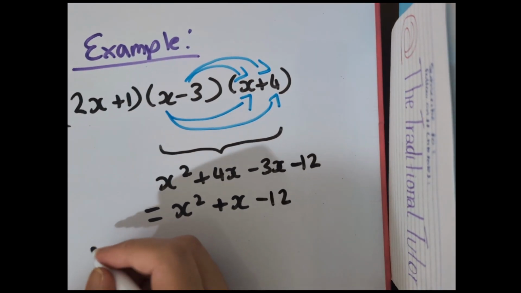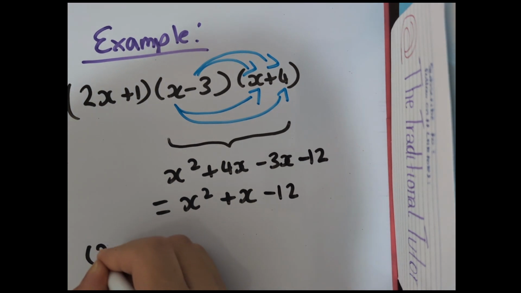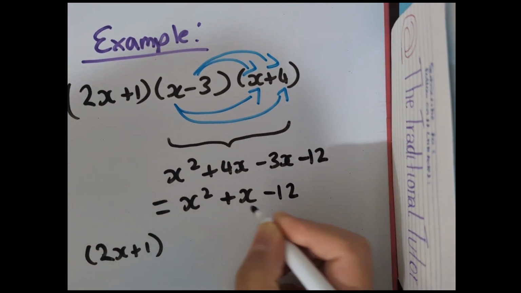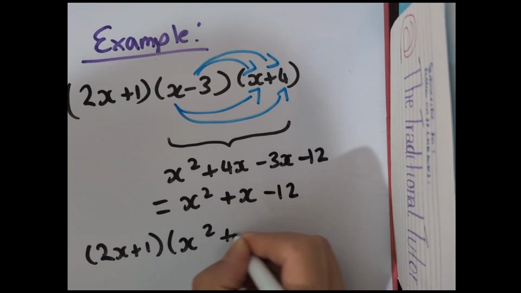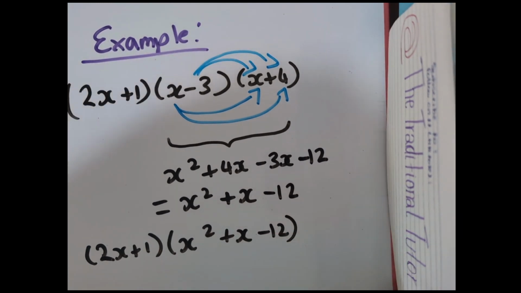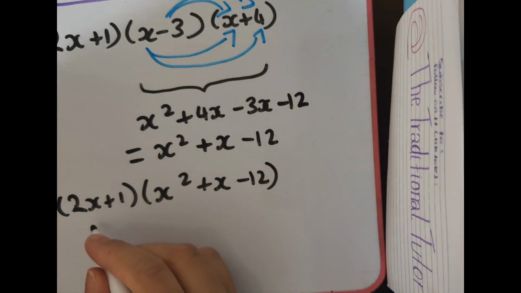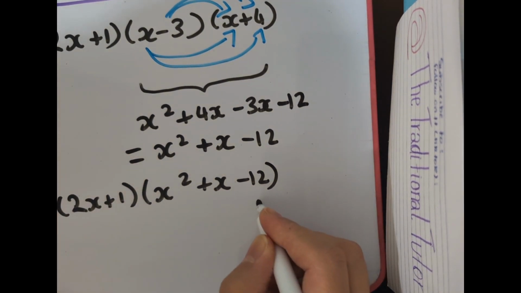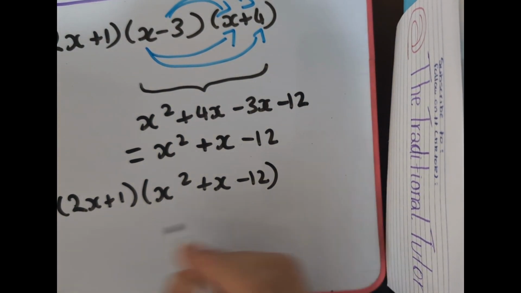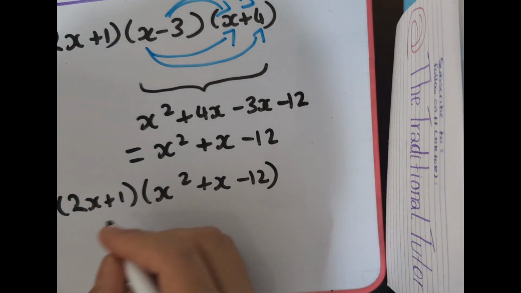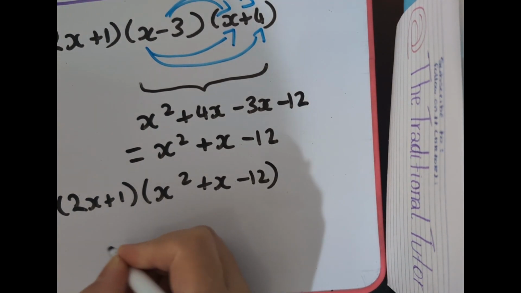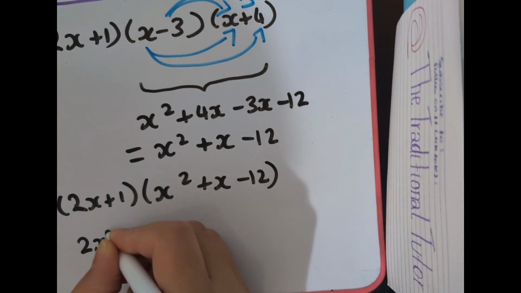Now I'm going to multiply the 2x plus 1 by my x squared plus x minus 12. So let's take a look at what we're doing now. We're just going to be doing the 2x times by everything and then the plus 1 times by everything. So that means I've got 2x times by x squared, which gives me 2x cubed.